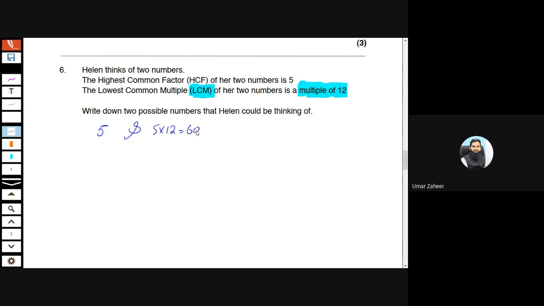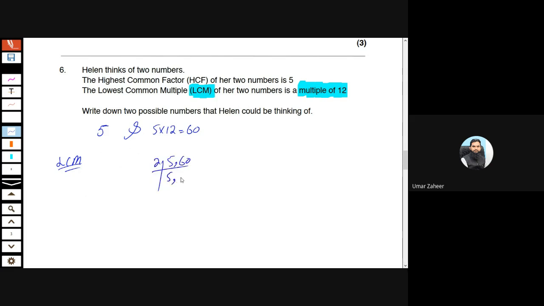So let's check that it's 5 and 60, because if you take the LCM of 5 and 60, find the LCM of 5 and 60.